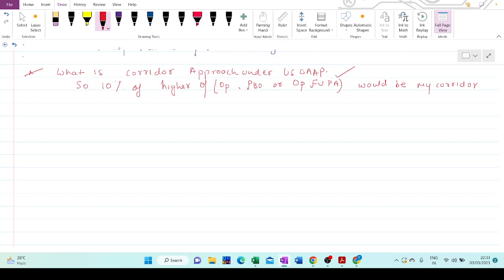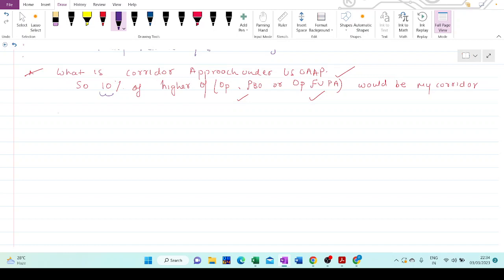Guys, so first I'll find the higher of the two numbers, right? And 10% of the larger number would be my corridor.